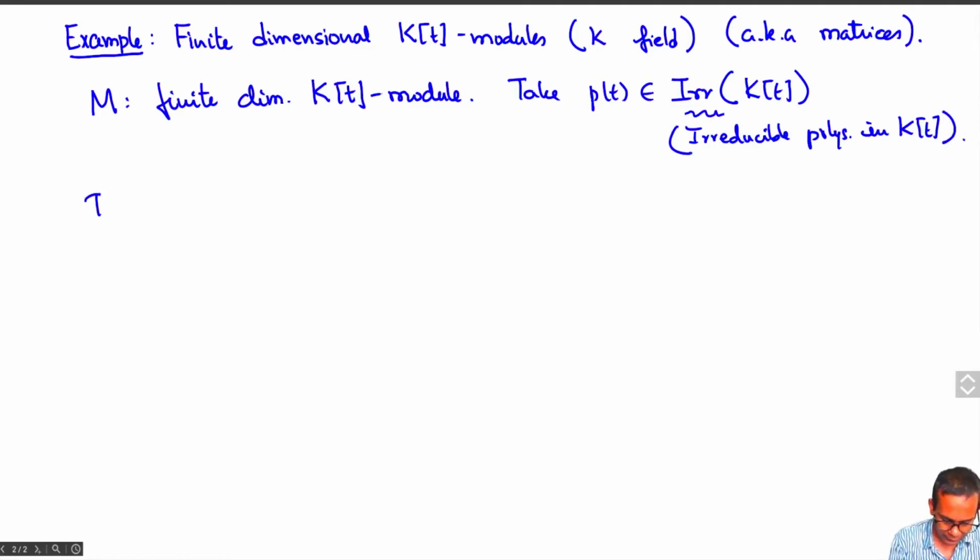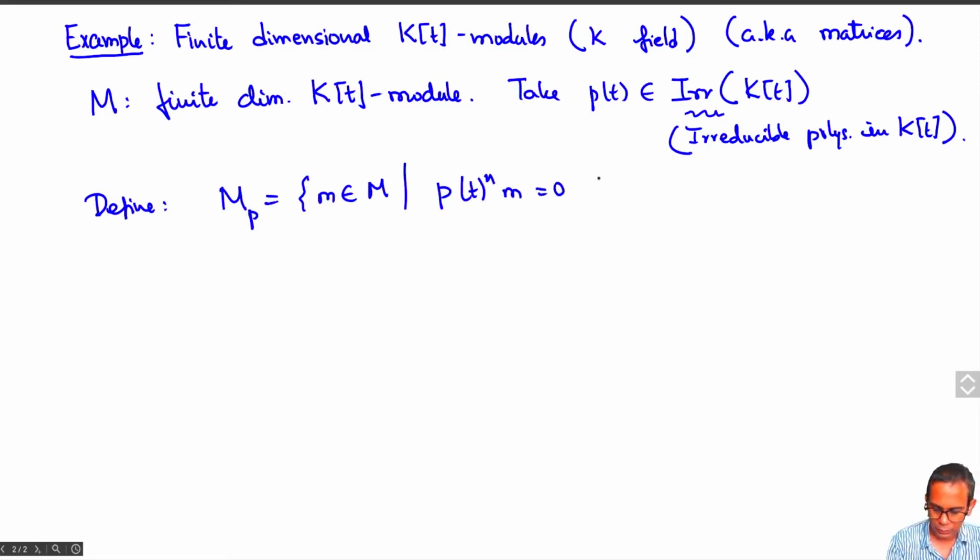Then define again the p-primary part. M_p equals m in M such that p(t) to the power n times m is equal to 0 for some n greater than or equal to 0.